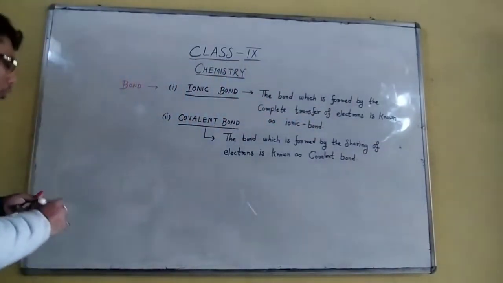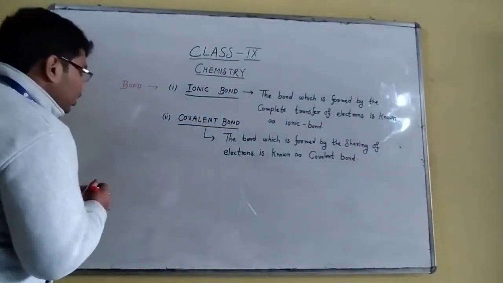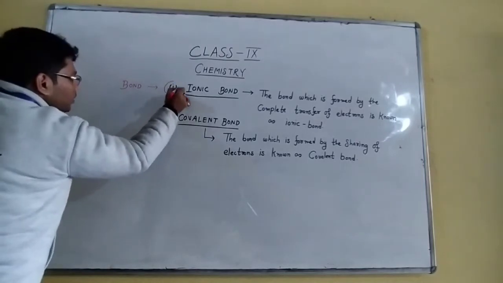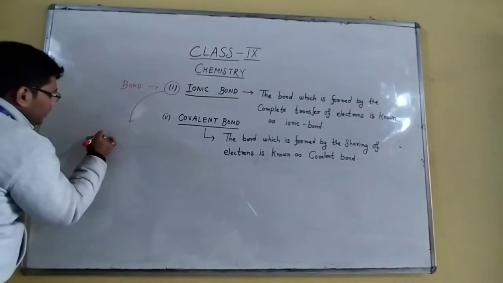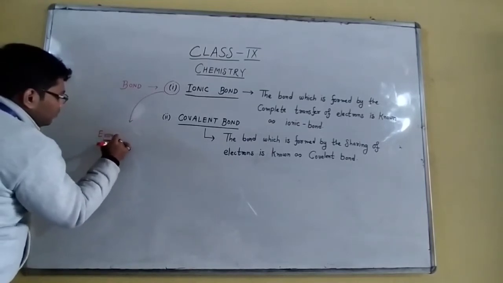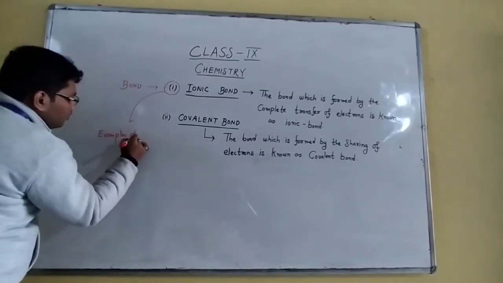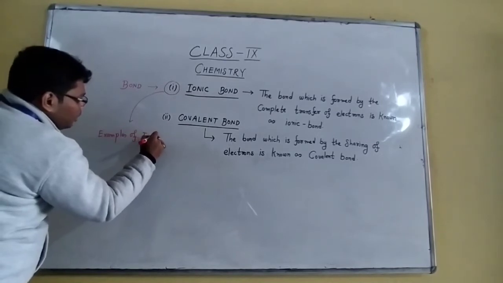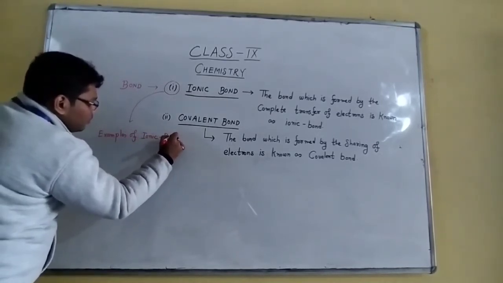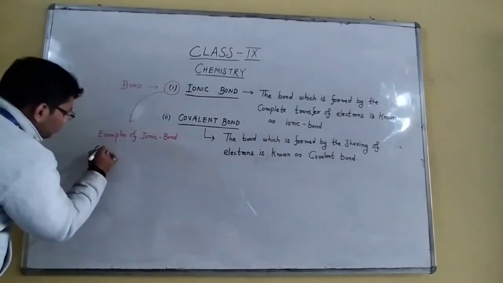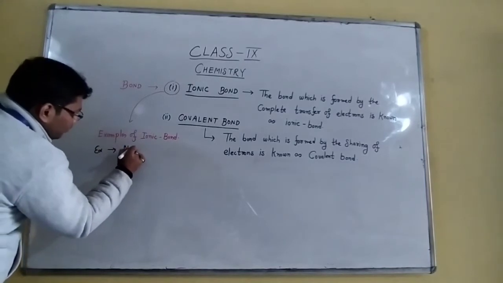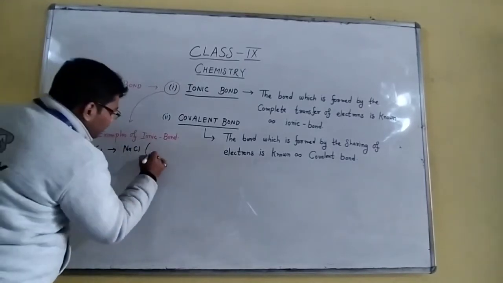Now we discuss the example of ionic bond. Here the example is NaCl, sodium chloride.